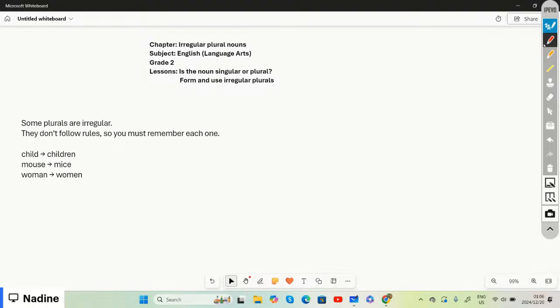But now when it's irregular, we cannot say you need to add an S, add an ES, or add a D to show that there's more than one person, place, or thing.